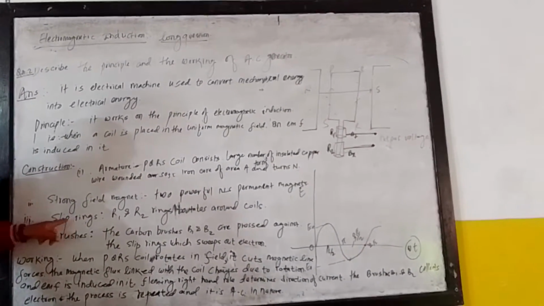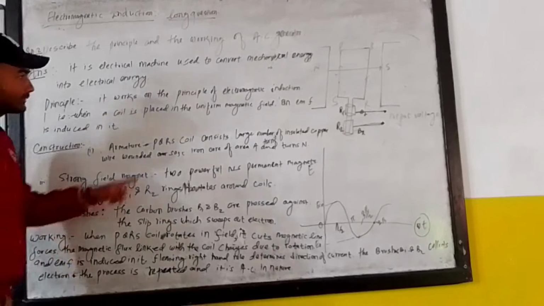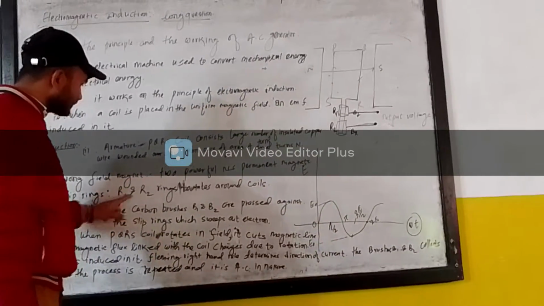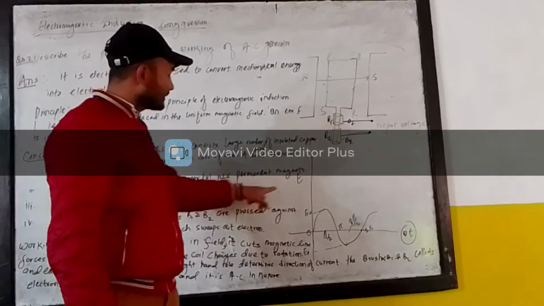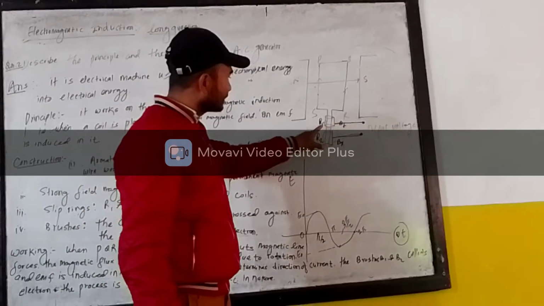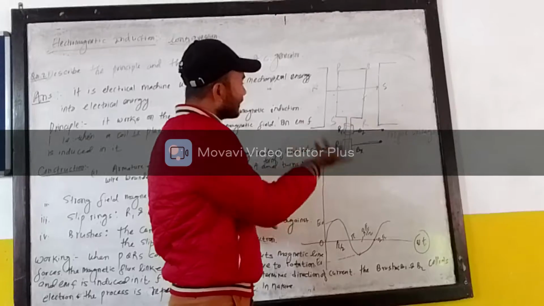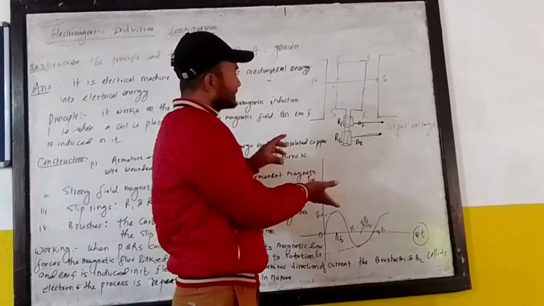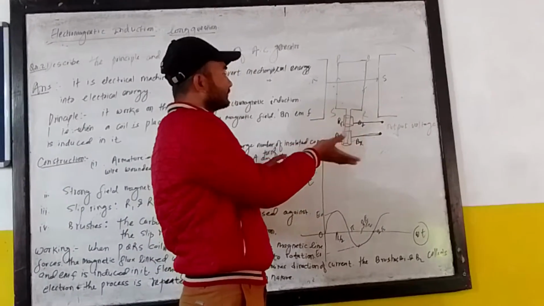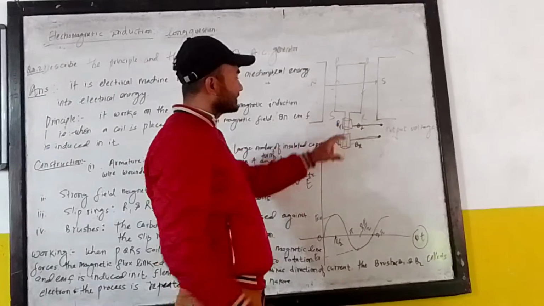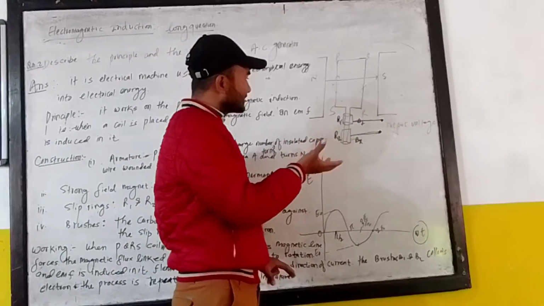Another one is the slip ring. As you can see in the figure, these R1 and R2 rings rotate around the coil. Here are two rings, R1 and R2. They rotate around the coil, one in a half clockwise direction, another in a half anti-clockwise direction.